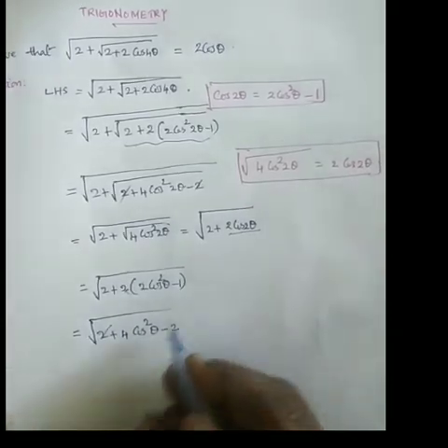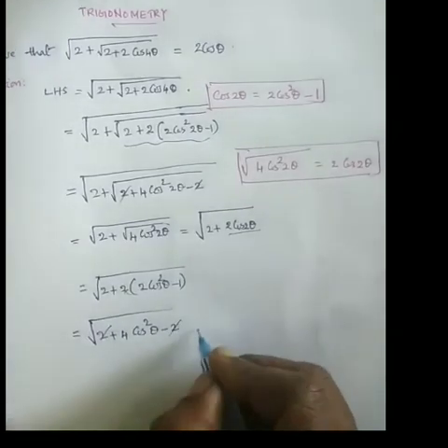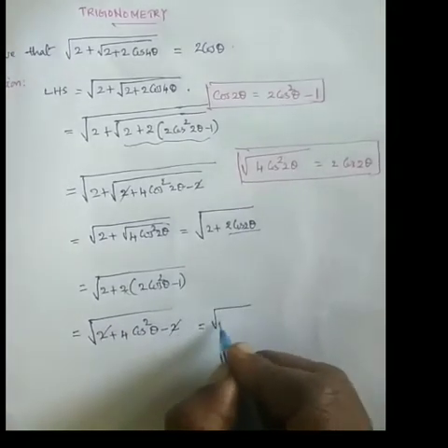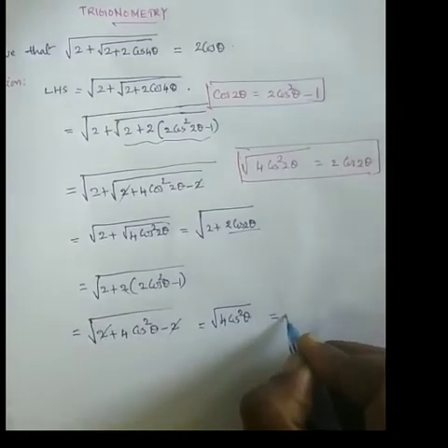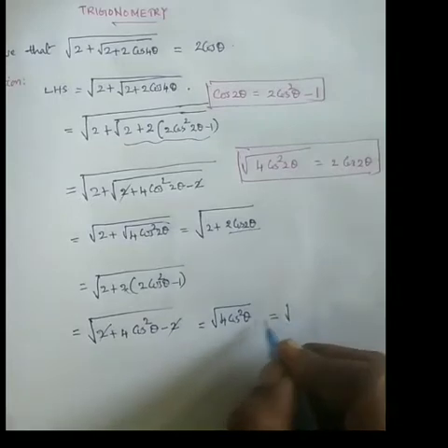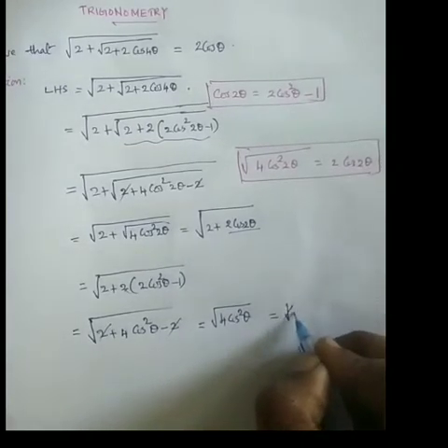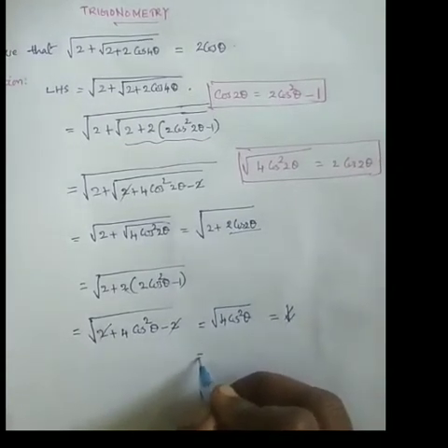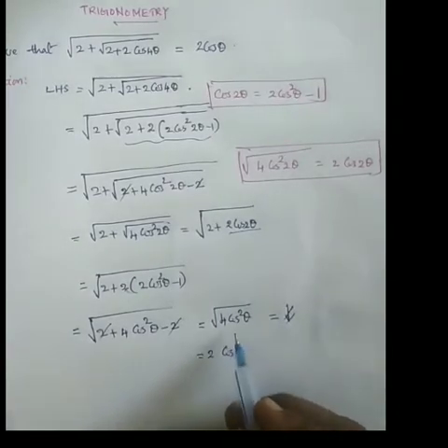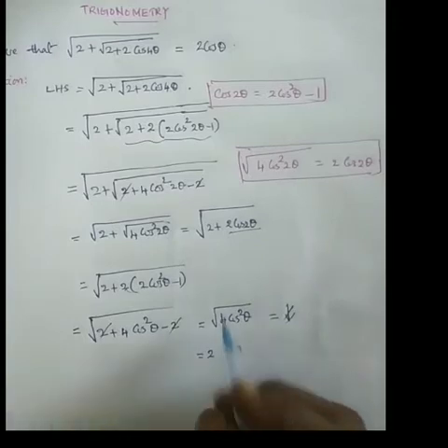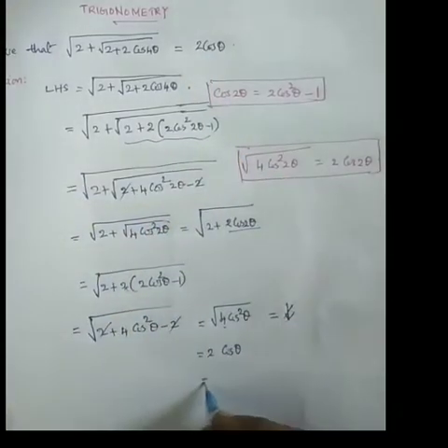Here the 2 and 2 cancel and the remaining is square root of 4 cos square theta. Square root of 4 is 2, cos square theta is cos theta. It is equal to 2 cos theta, that is the RHS.